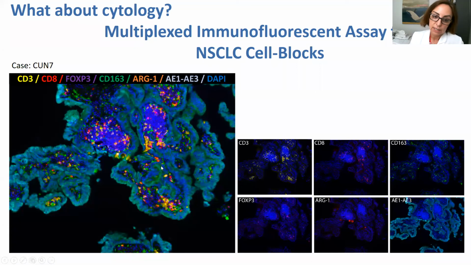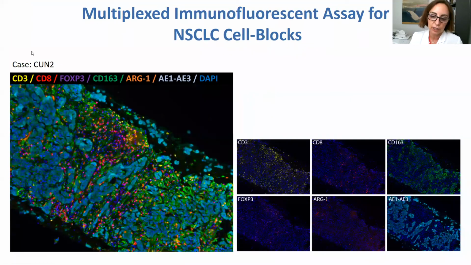And here is the distribution of different immune cells in the stroma, and very few related with the tumor cells. This is another cell block, and the same, the different antibodies and all together with the distribution in the interstitium, and some of them related with tumor cells.